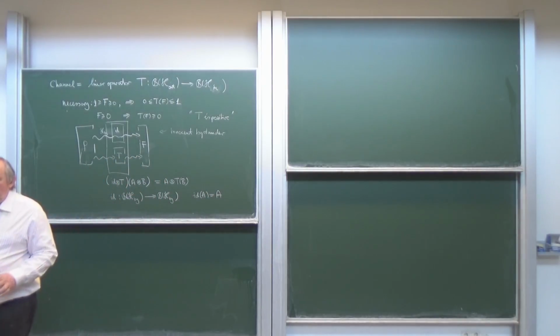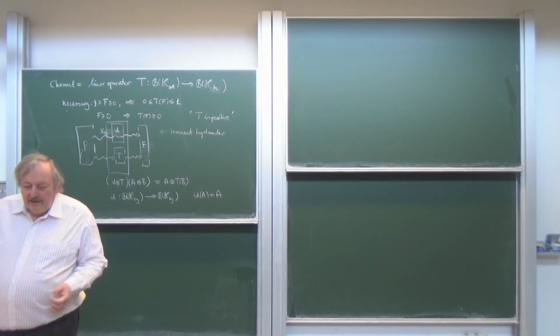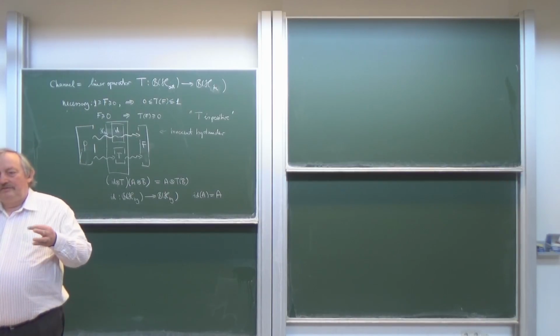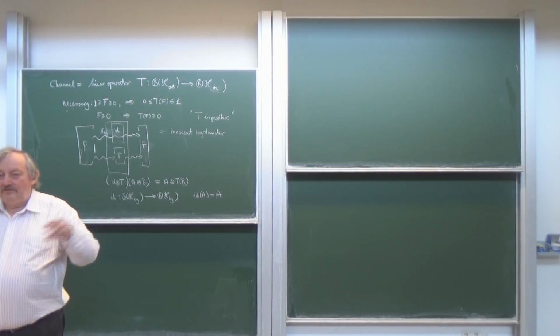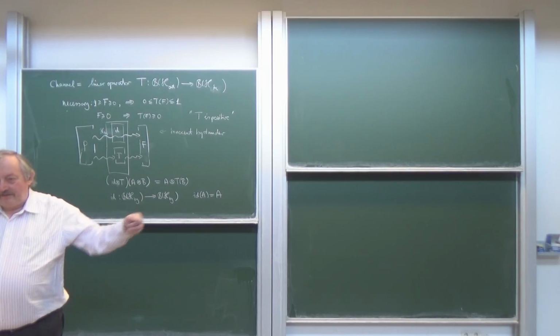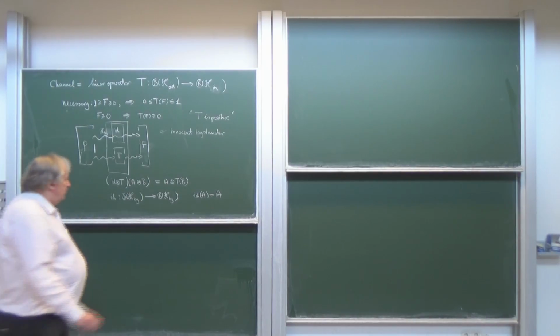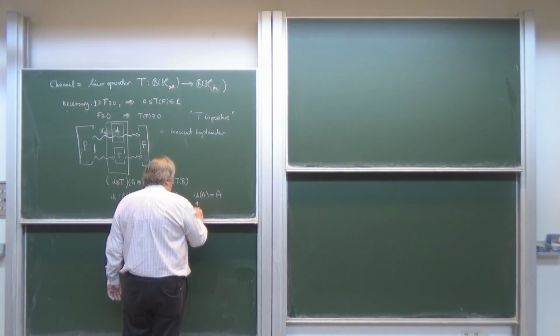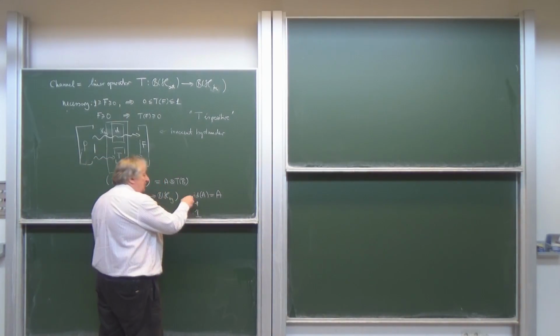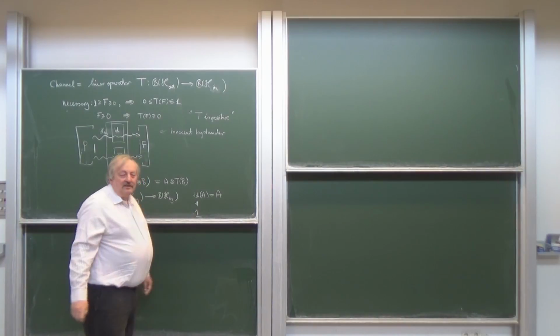I do distinguish between the identity map on operators, so the identity superoperator, which I write as ID, and the doing nothing on a vector, which is an element of the observable algebra, written as boldface 1. So this is not the same as that. This is the identity superoperator, this is the identity operator.